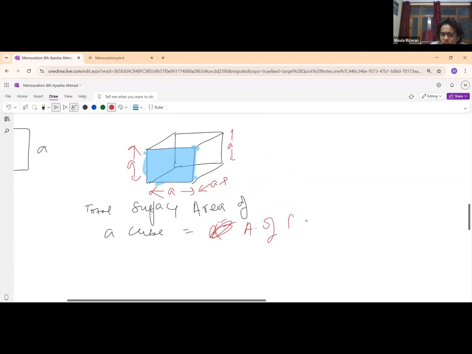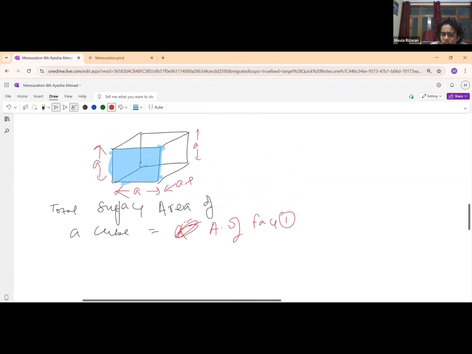So area of face 1 is a square. Got it, Aisha? Yes, sir. Okay. Now let's see the area of the second face.